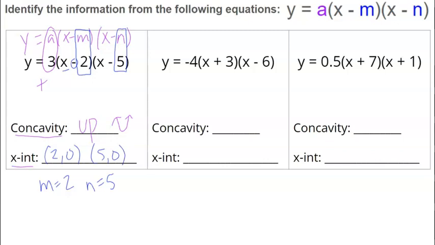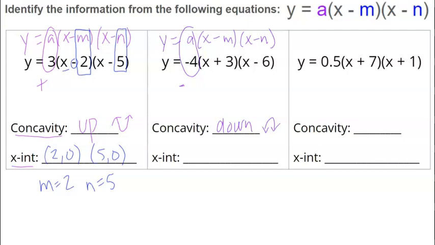All right, let's try that second one. We have y equals -4 times the quantity x plus 3 times the quantity x minus 6. Again, I'm just writing that factored form right above it. Then we can identify that concavity by our a value. Our a value is negative, which means it's going to open down.